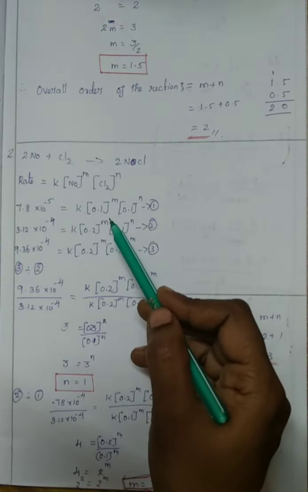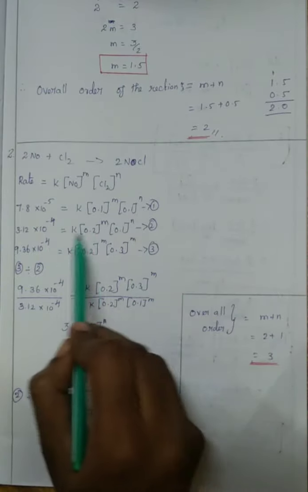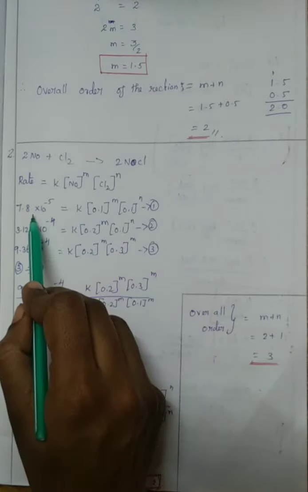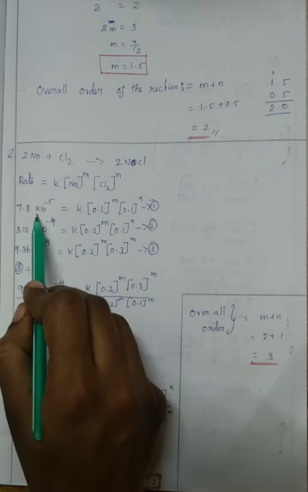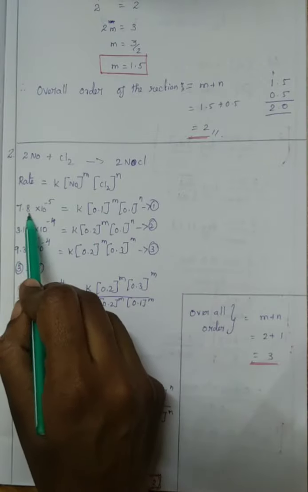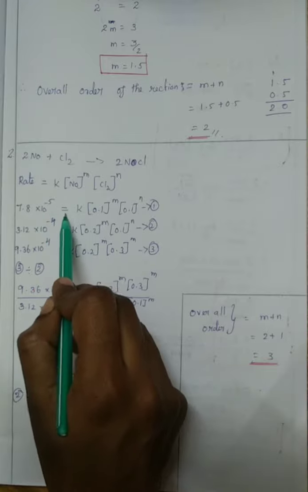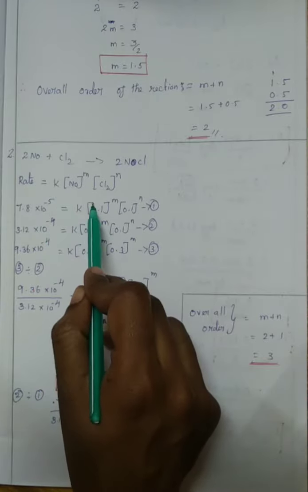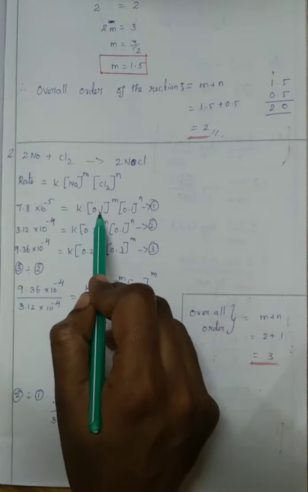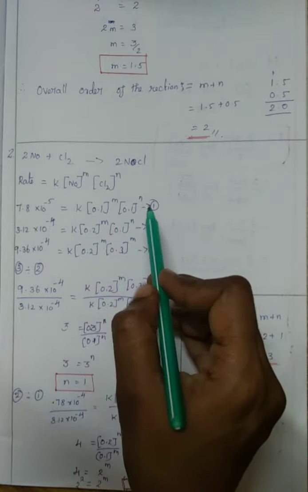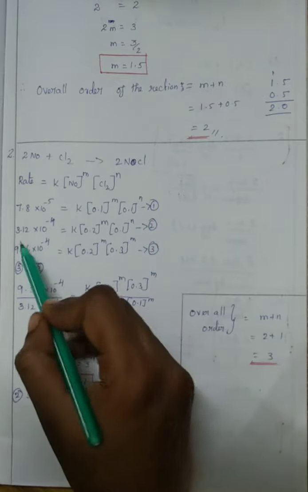So with the use of the given data, I will make three equations. With the use of the first data, I will make this equation: 7.8 into 10 power minus 5 equals K, 0.1 power M, then 0.1 power N. This is considered the first equation.